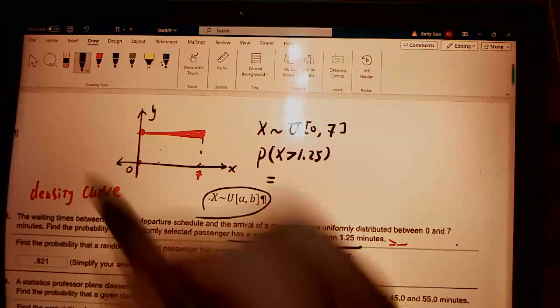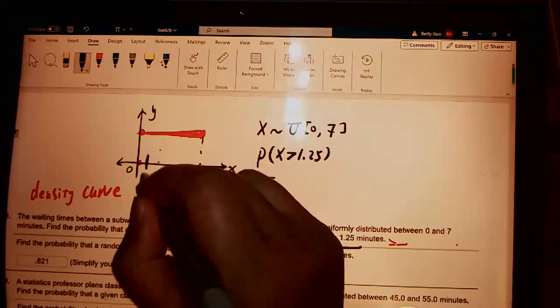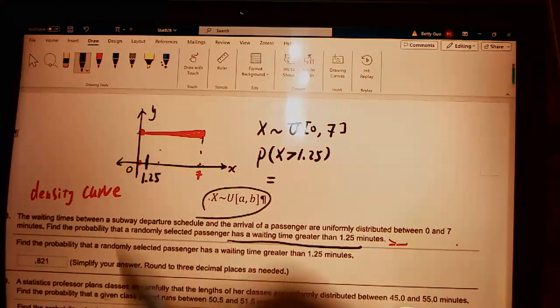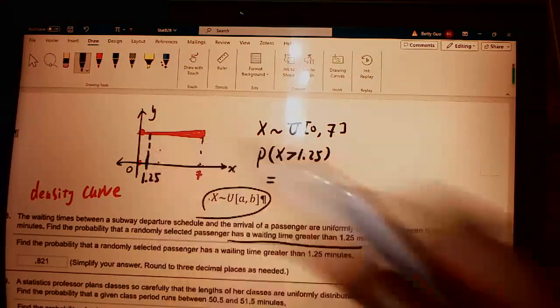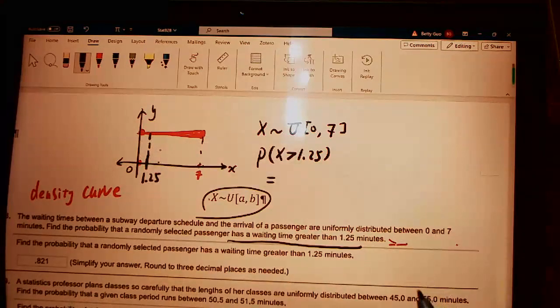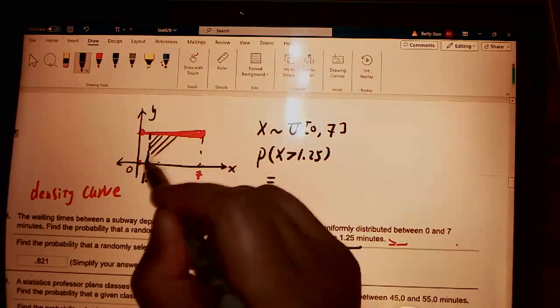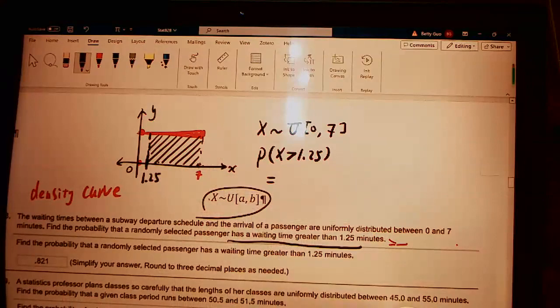Let's see, where's 1.25? I would say 1.25 is around here. The waiting time is strictly bigger than 1.25, so that means from 1.25 to 7, and the probability can be represented by the area of that region.